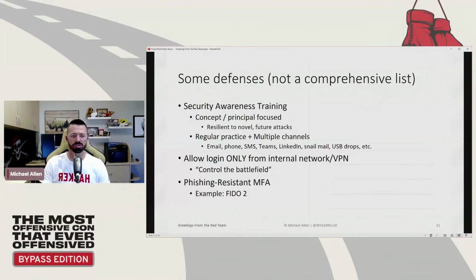And then the last suggestion here is phishing resistant multi-factor authentication. An example of that is FIDO2. The FIDO2 multi-factor token is not vulnerable to tools like Evilginx that do the adversary in the middle attack, where your mobile application or SMS push notification, those types of tokens typically are vulnerable to adversary in the middle attacks.